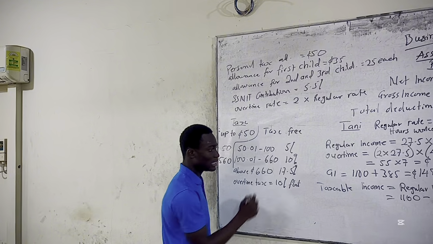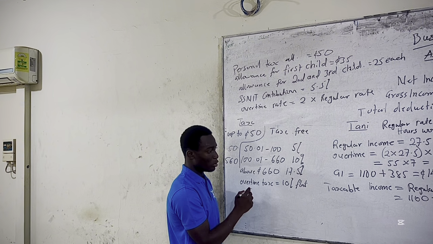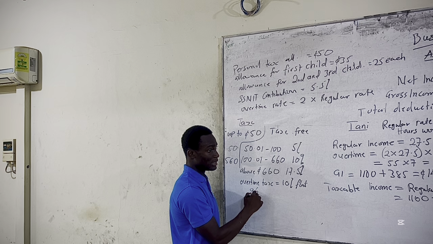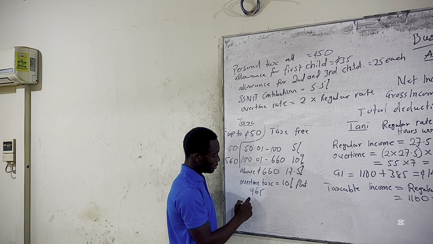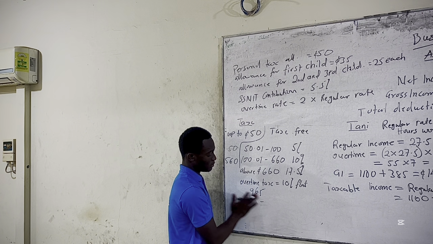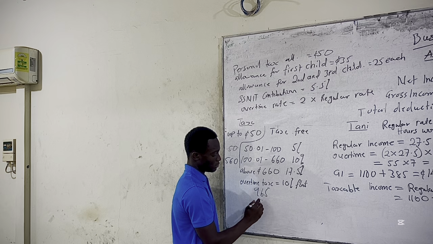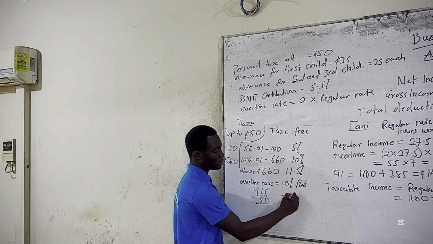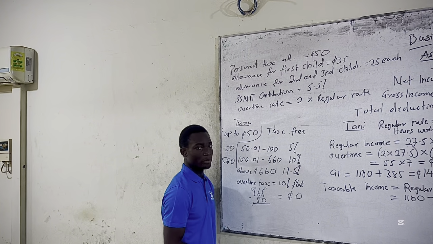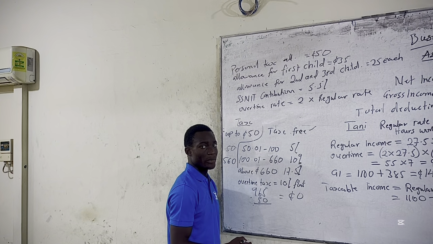So for this person who has a taxable income of 965, the first 50 is going to give 0, because the first 50 is tax free. Are we together?